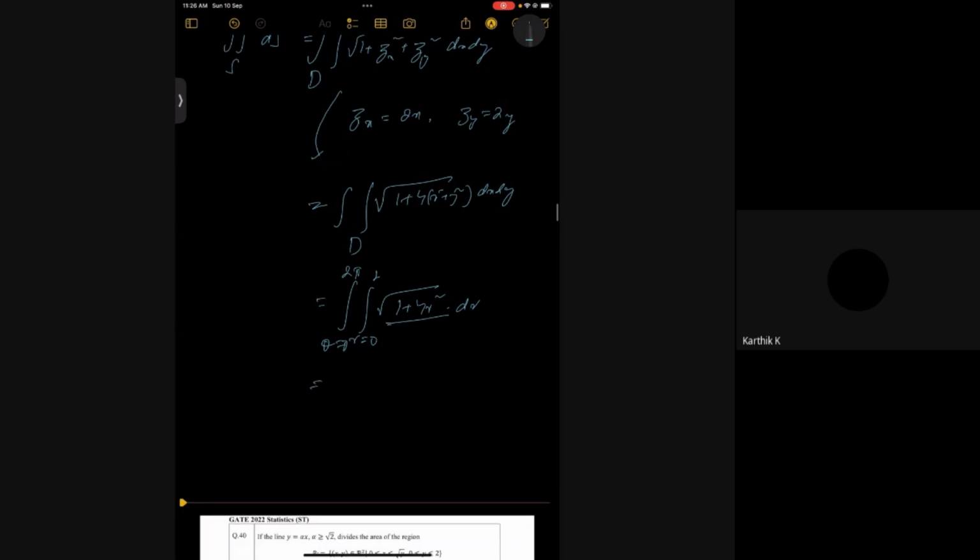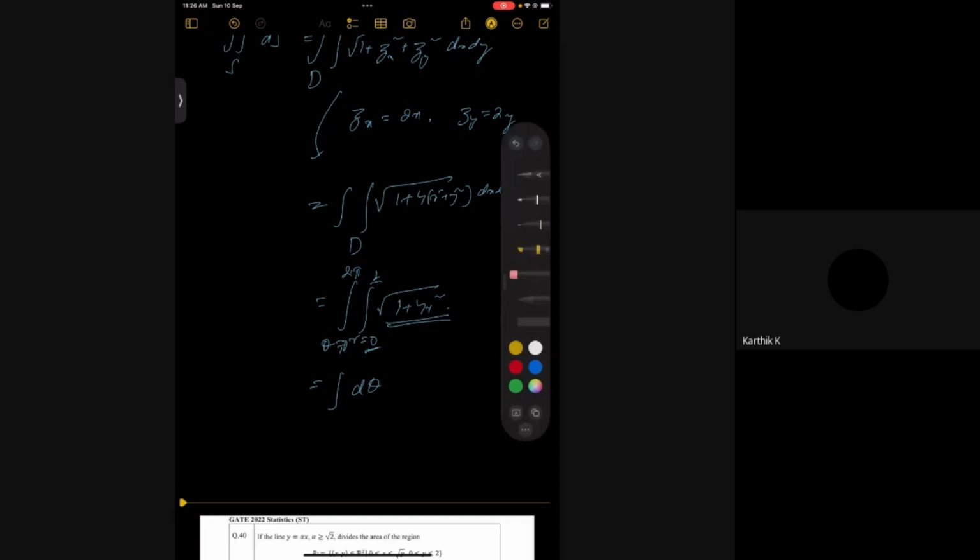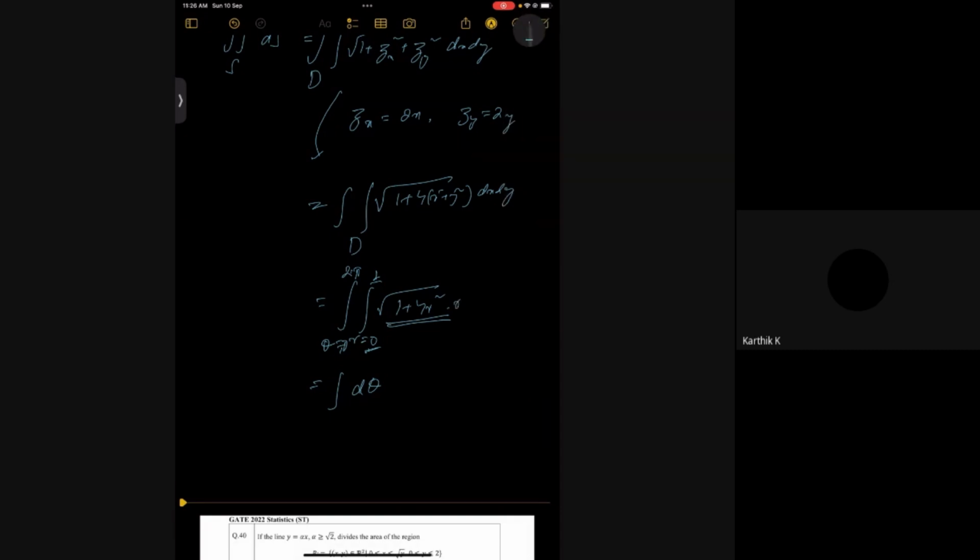Sorry, there should be an r dr d theta. Because the limits are constants, 0 to 1 and 0 to 2 pi, I can just separate them.